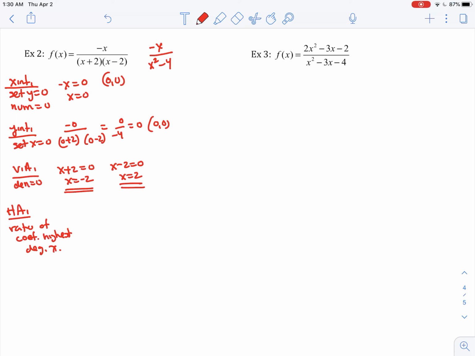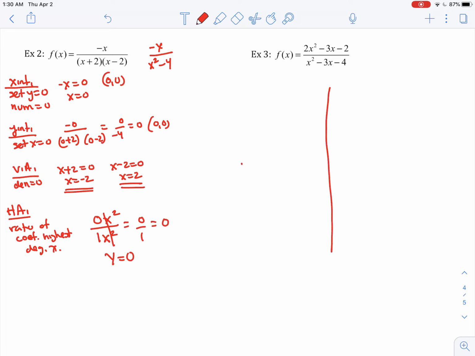So our highest degree of x is x squared. We have 0 x squared terms in the numerator, and we have the 1x squared term in the denominator, and the ratio of those coefficients is 0 over 1, or 0. So we have a horizontal asymptote at y equal to 0.